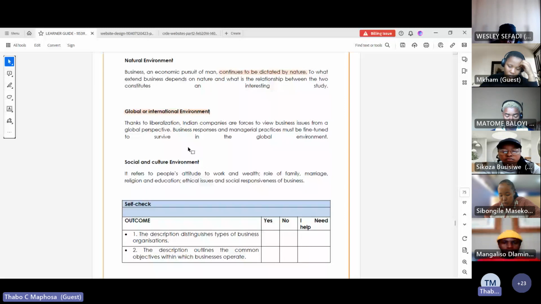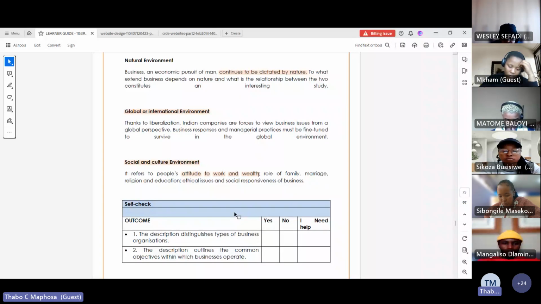And then now, the social and cultural environment. This one refers to the attitude of people. This is what basically relies mostly on the attitude of people. So when we're talking about the attitude of people, we're talking not just attitude.